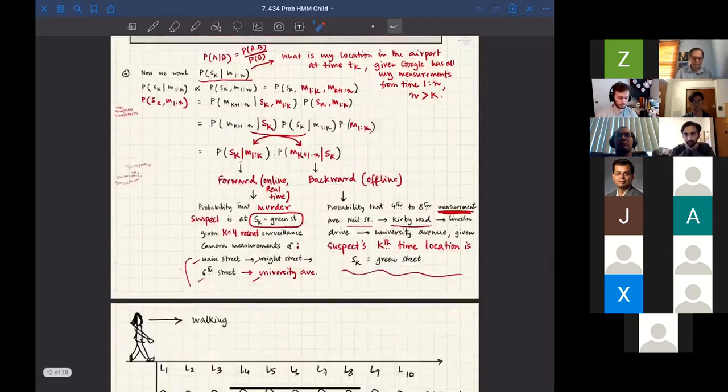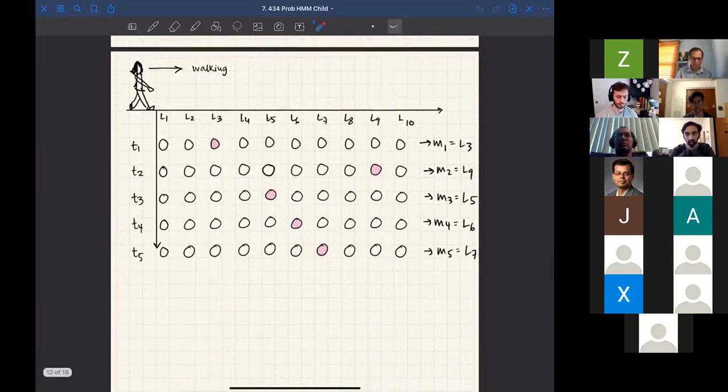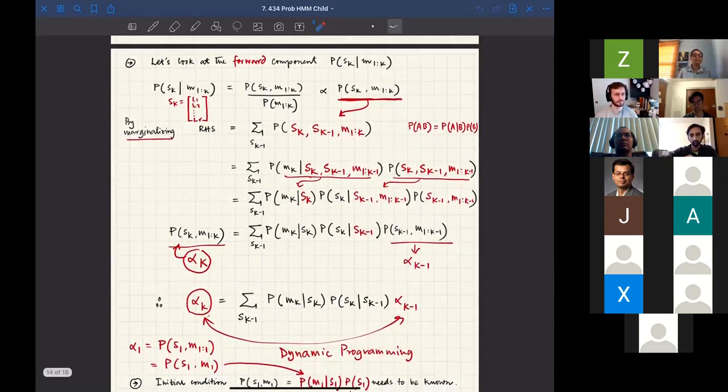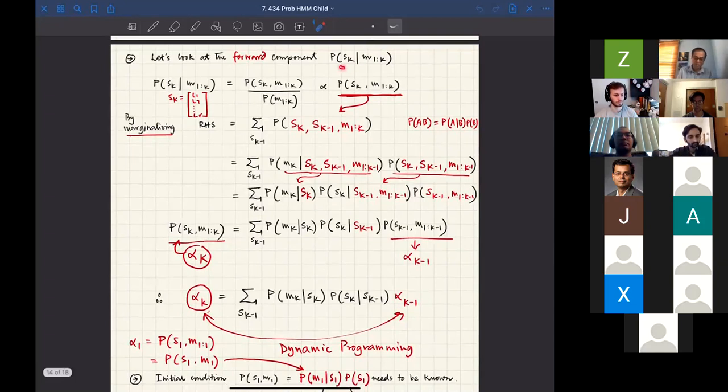Last class, we looked at both these components, and lo and behold, it turned out to be a dynamic program, which is why we can do this reasonably efficiently.